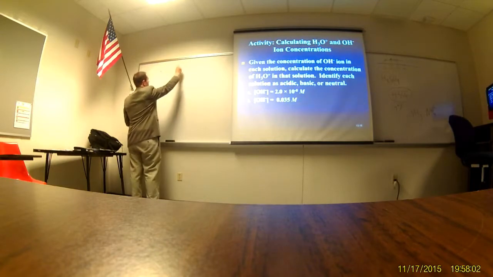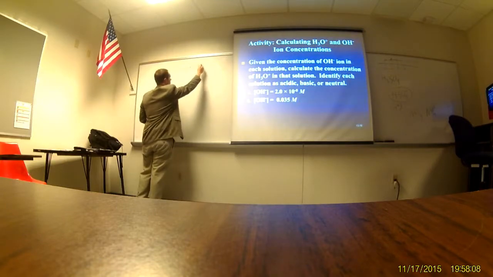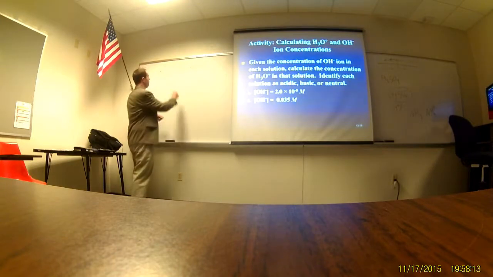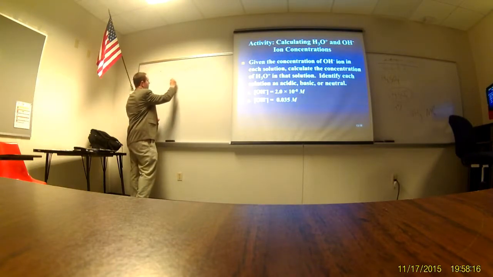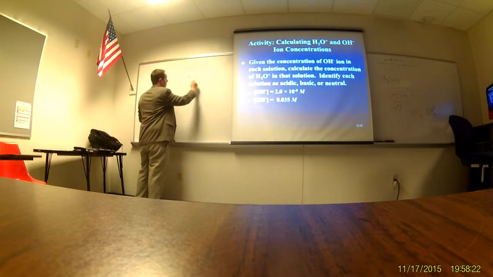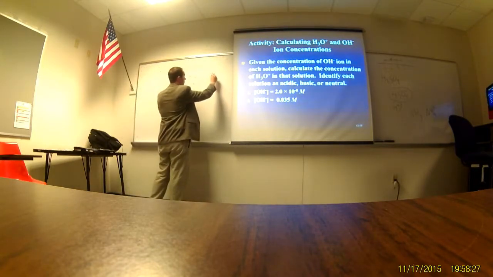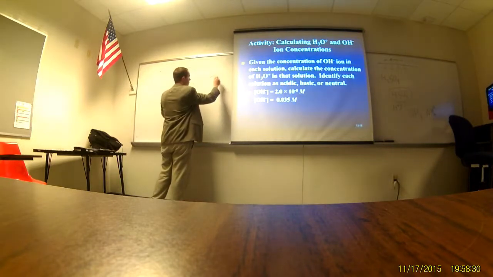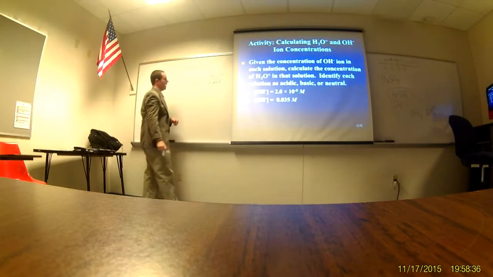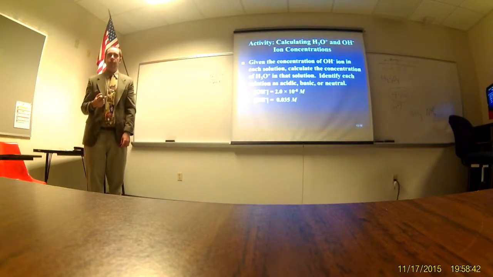So Kw is H3O plus times OH minus. So we know OH minus, so we're going to solve for H3O plus. It equals Kw divided by OH minus, which equals 1 times 10 to the negative 14 divided by 2 times 10 to the negative 8. And that, yes, you would calculate. And our calculator man is missing today.